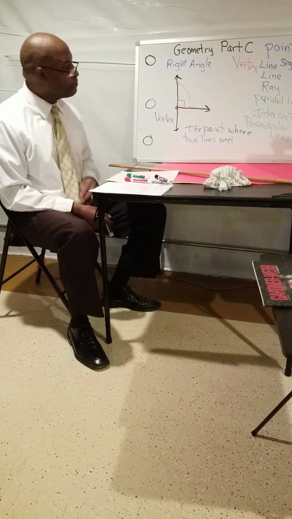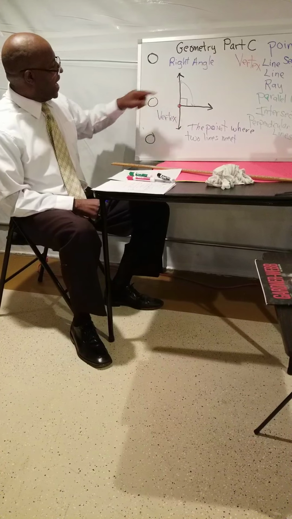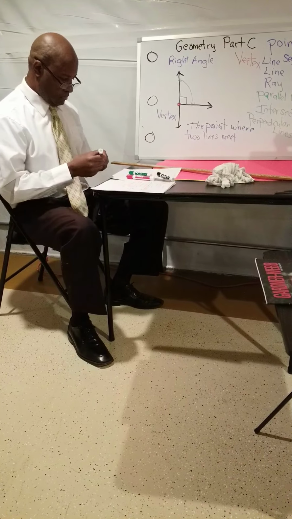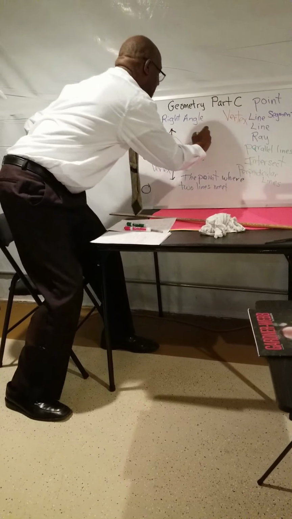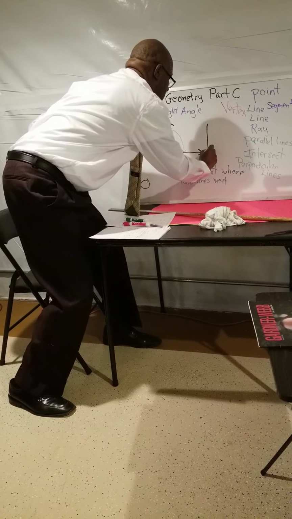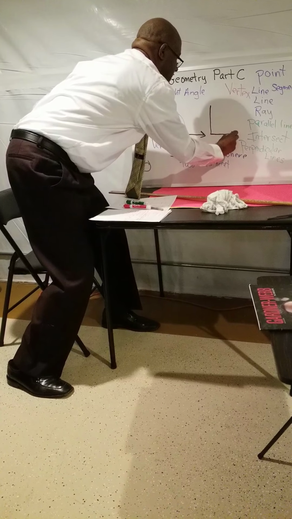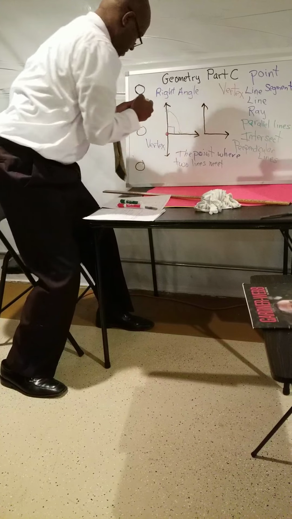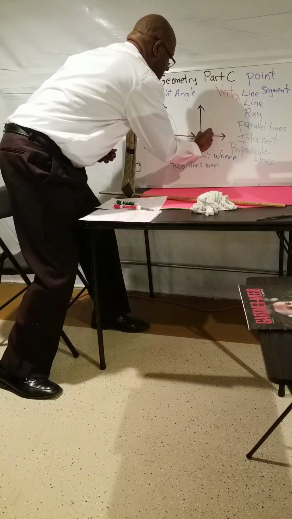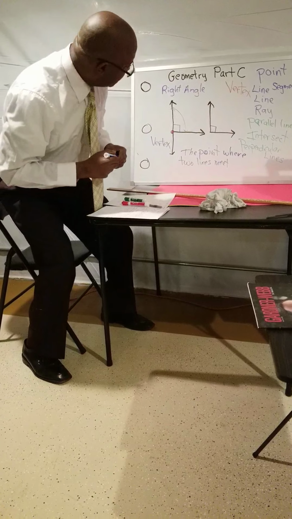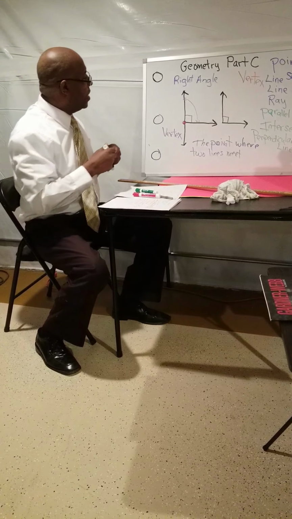Think about that. So we have a right angle. So I'm going to make another right angle beside it. Notice the symbol or the box. That lets you know that it is a right angle.